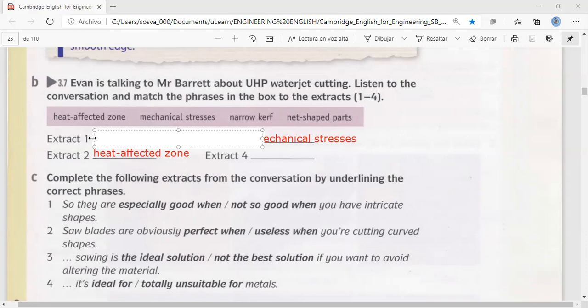I can think of a narrow curve. Narrow curve. Exactly. Number 4 is a narrow curve. So the first one is net shaped parts, no? Net shaped parts. Exactly. Great.